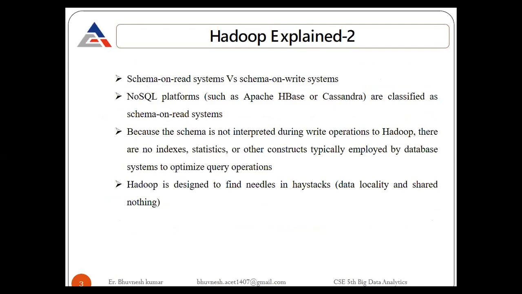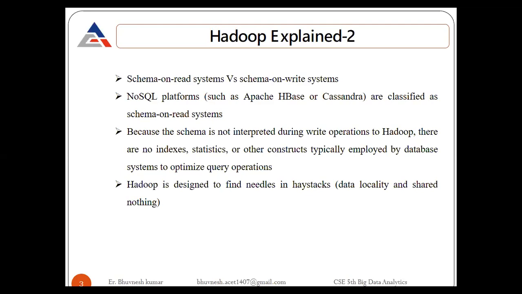But in Hadoop, there is no SQL platform; there is only the schema on read system concept. For that, Apache HBase, the Hadoop database, is used. It is the framework used to work on a schema on read system, and it comes under HBase, the Hadoop database.